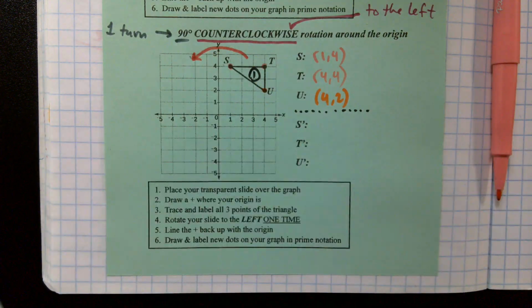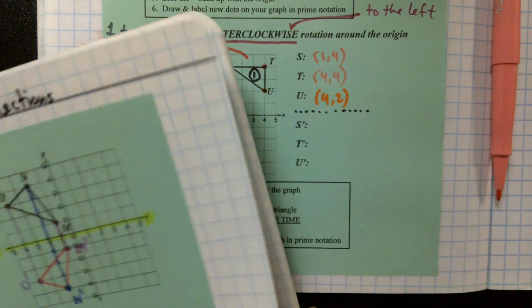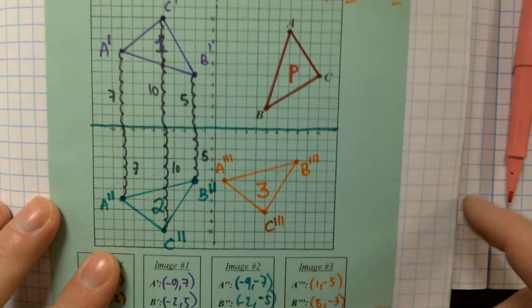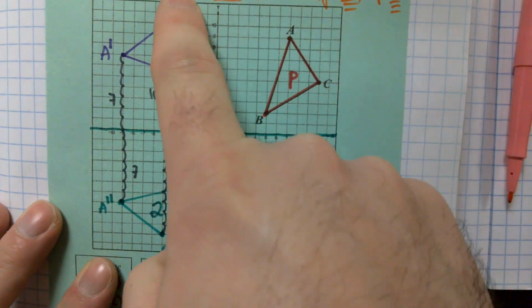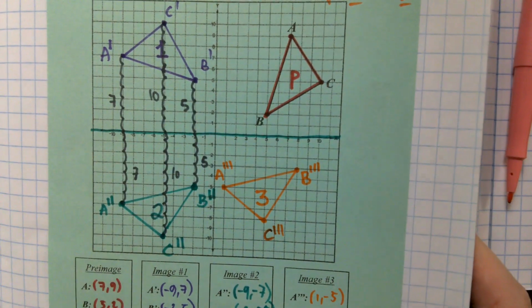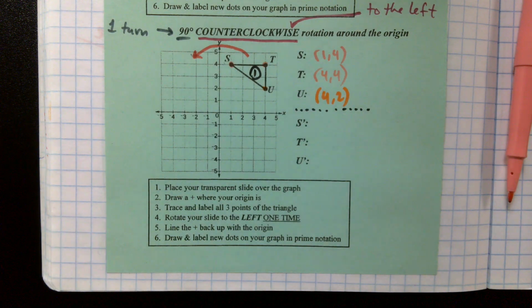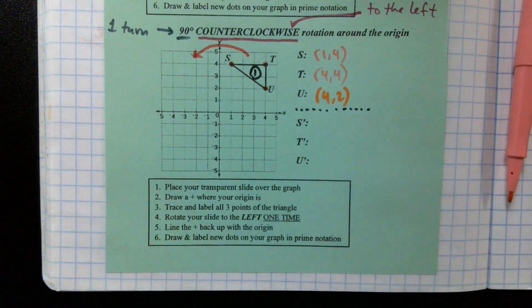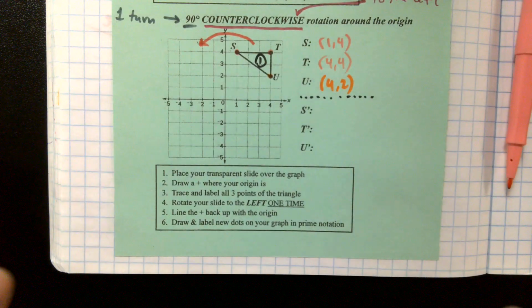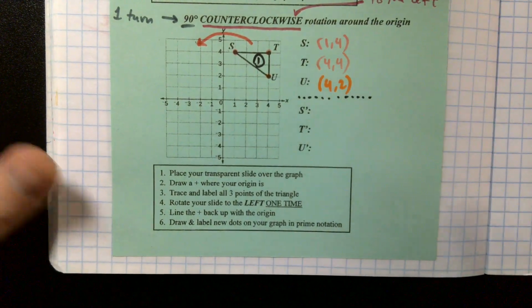The reason why we're numbering our triangles is because when I get to something like this, I'm going to need to know what my triangle 1 is, my triangle 2, my triangle 3, my triangle 4. I'm going to be doing a lot of stuff. I got to make sure I keep my stuff in order. So right now we're keeping it simple, but that's where we're taking it next week before our test. We're doing that. Yeah, it won't be bad. As long as you know the 3 transformations, you can do all of them together. You just got to do them.